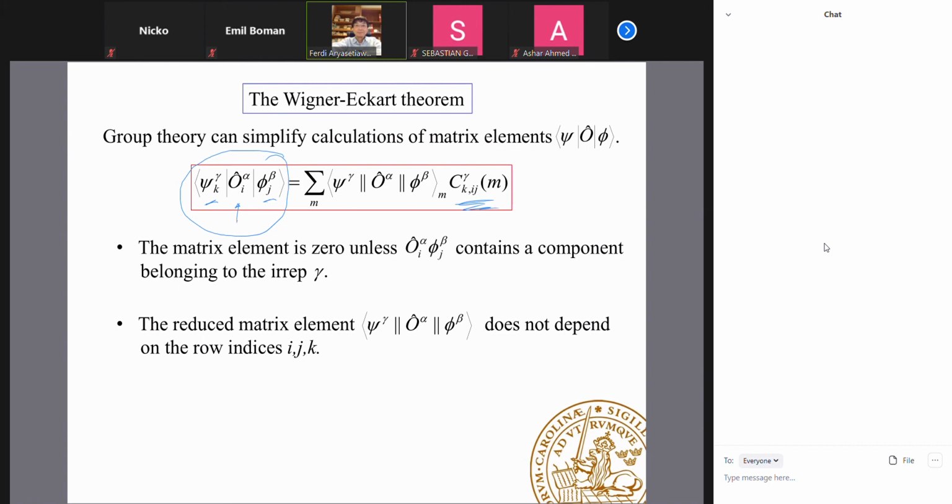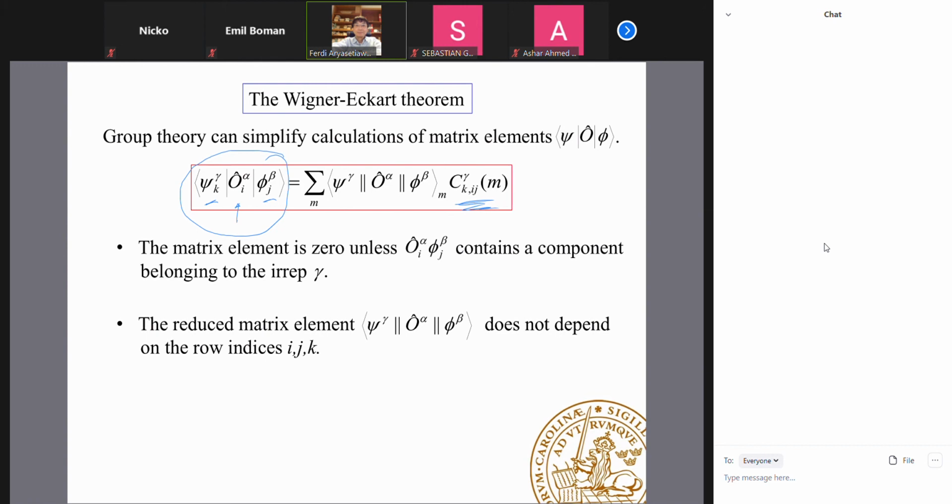So the basic principle is actually quite simple. Let's go through this basic principle first, and then we go through the more detail.